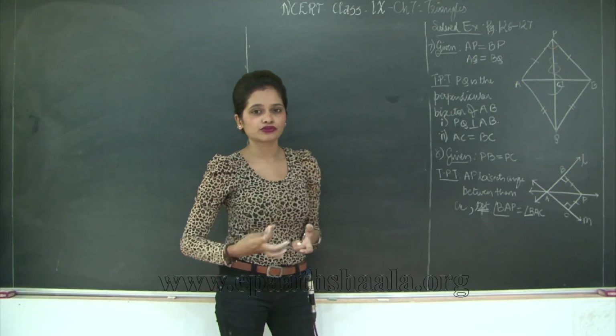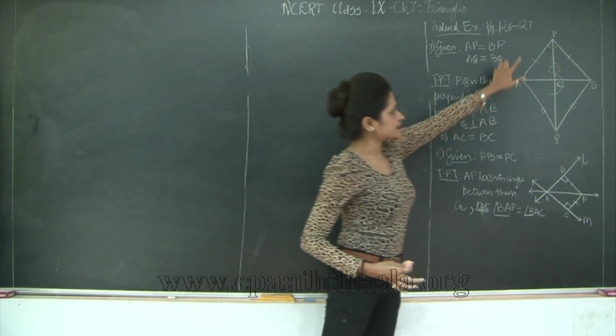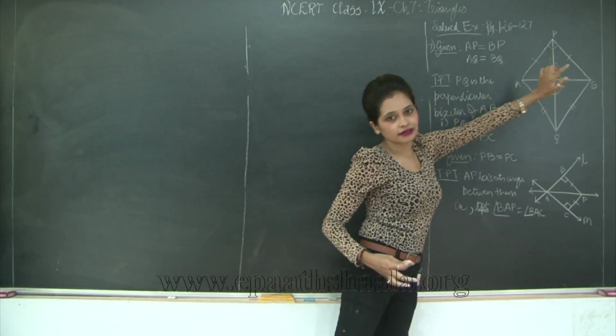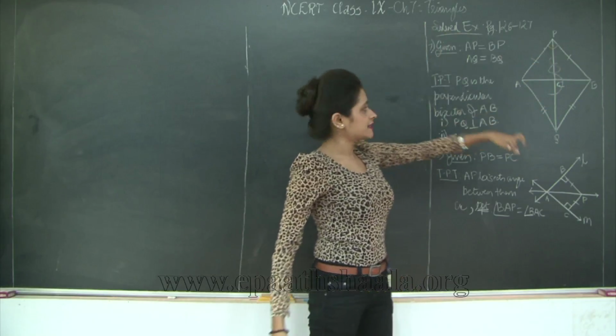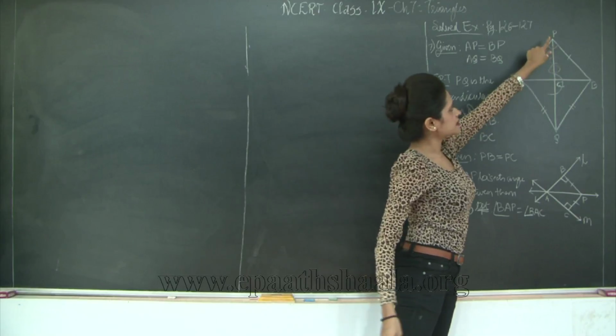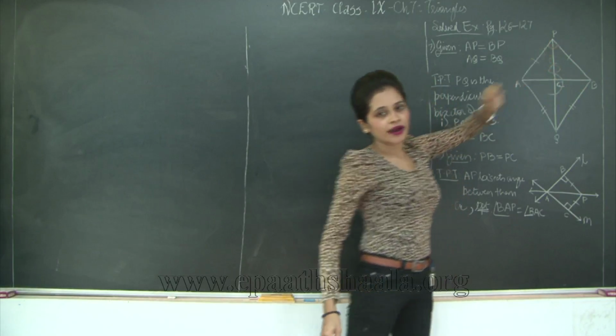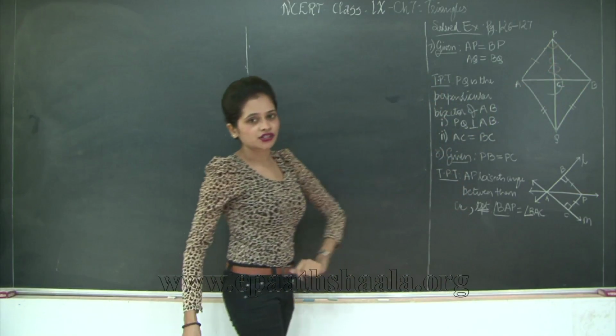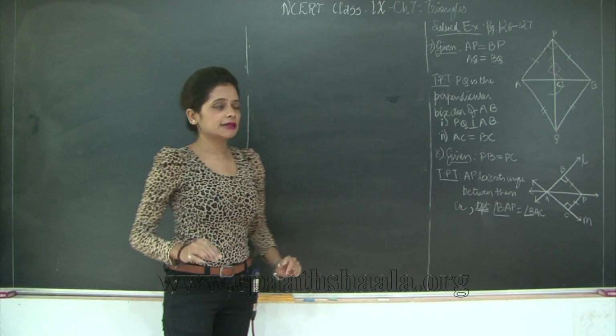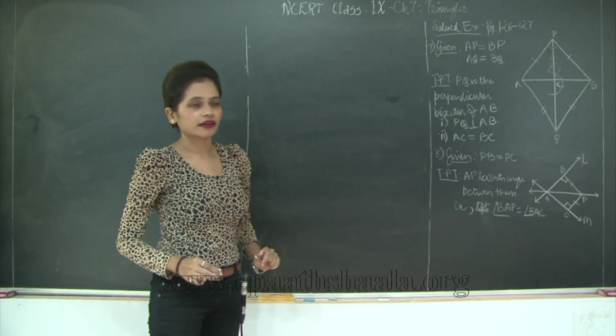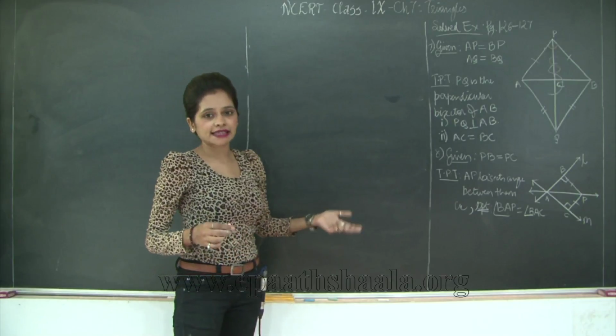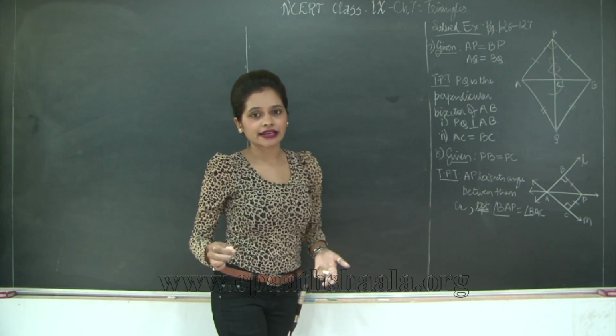So far we have proved two triangles congruent, the huge triangle and the two upper triangles. Therefore, I can say that angle ACP is equal to angle BCP. Why? Corresponding parts of congruent triangles. But ACP and BCP make a linear pair. So if each of the angles is x, then 2x is equal to 180 degrees.